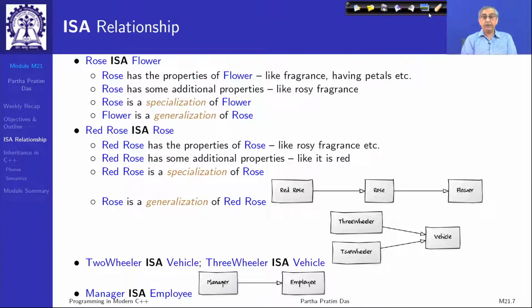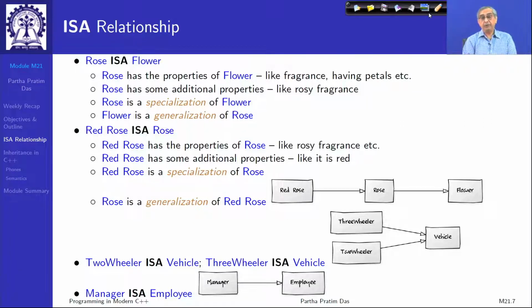So, let us start with a couple of examples to understand the is-a relationship better. Think about flowers. We all know flowers, and flowers have certain properties like they usually have fragrance. They have petals, petals may have different kinds of colors and so on.